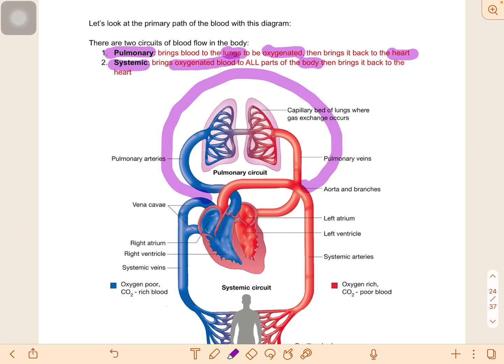As soon as it leaves the heart, it goes into the pulmonary system, gets oxygenated because of this gas exchange here. And I'm going to circle gas exchange. That gas exchange is an important part of this.